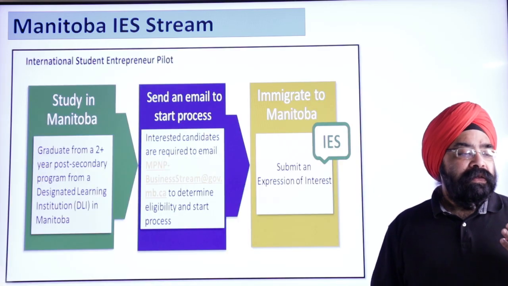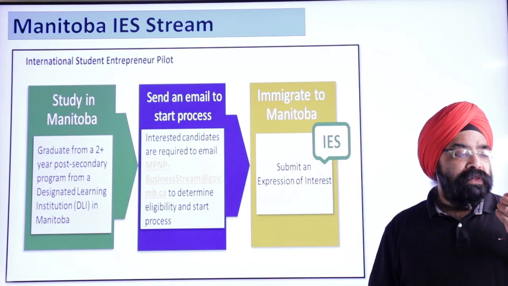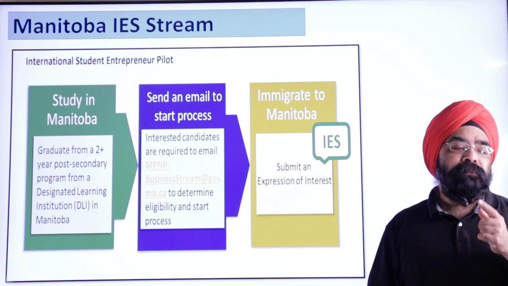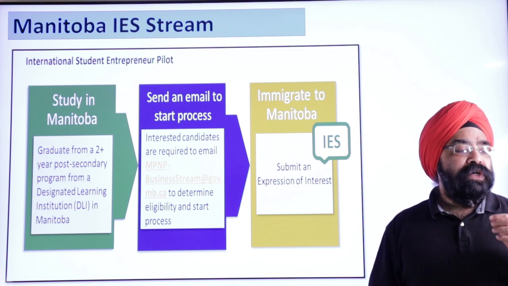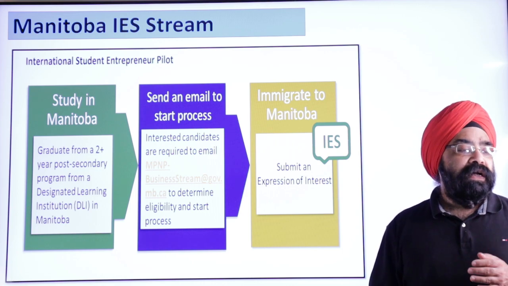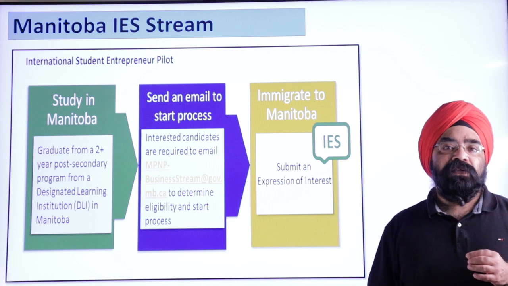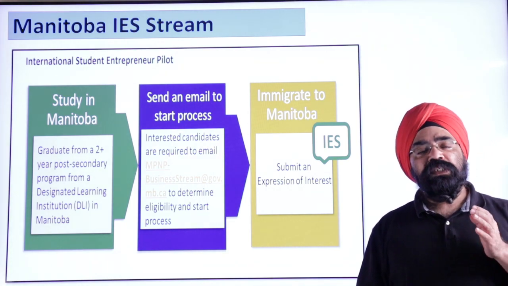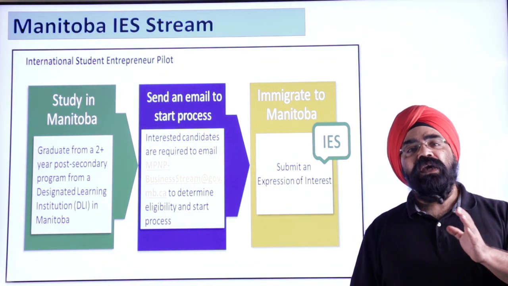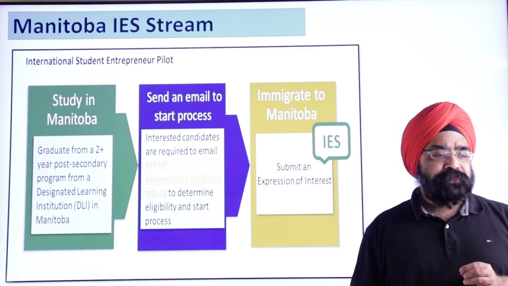Then they can send this information to the Manitoba PNP business stream to determine their eligibility and start the process, and they can file under the Manitoba Expression of Interest IES category. So this is how the 3 options are there for the student.